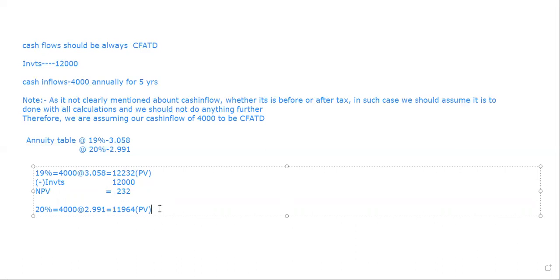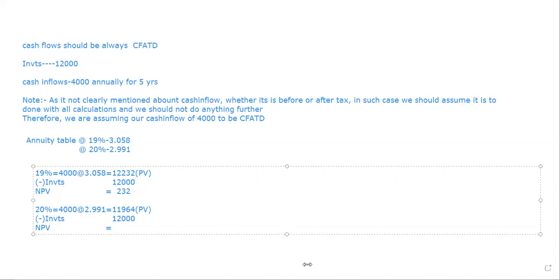Now the same thing I'm going to find out with this one also. Again, here also I am minusing my investment, which is again 12,000. So when I deducted this 12,000, I got my net present value to be 11,964 minus 12,000.